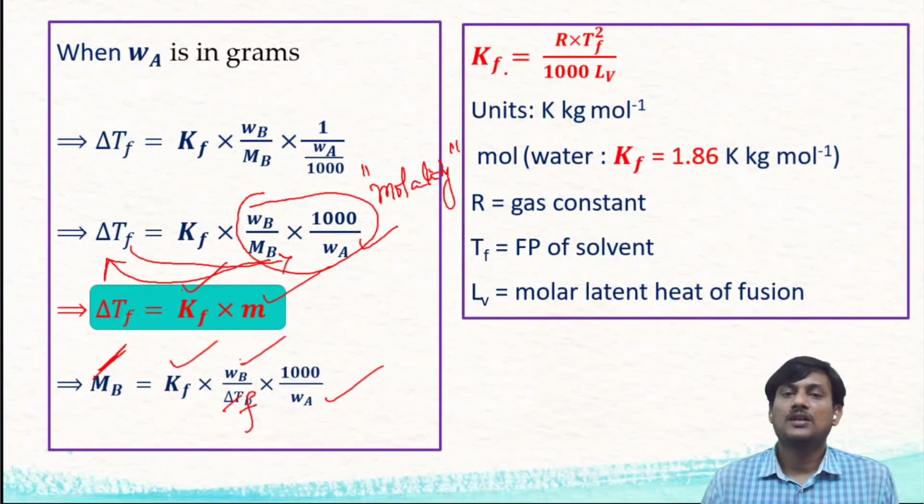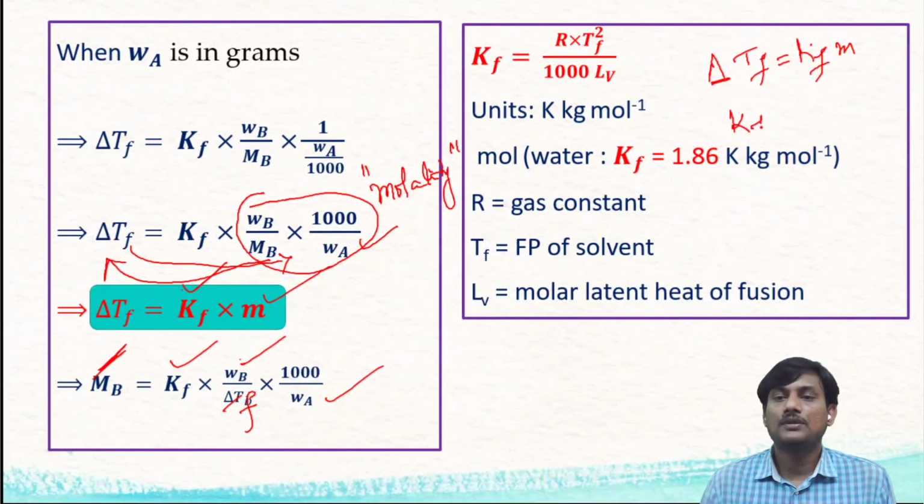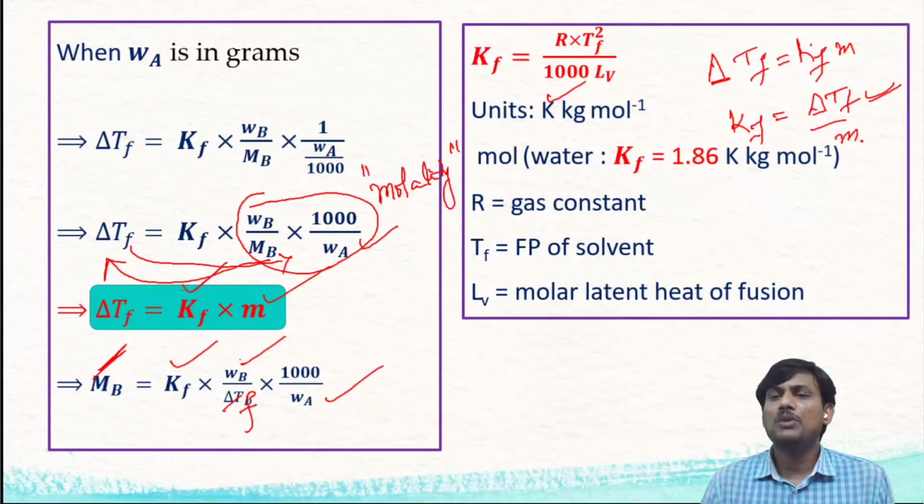The expression for Kf can be obtained from thermodynamics. Kf is equal to R TF square by 1000 Lf. The units of Kf: this is the relation delta Tf is equal to Kf into m. So Kf is equal to delta Tf by m. So the units of Kf will be delta Tf, that is Kelvin, divided by molality.